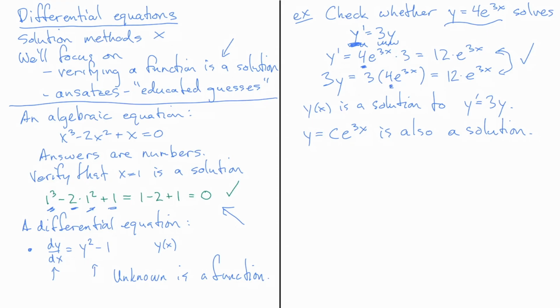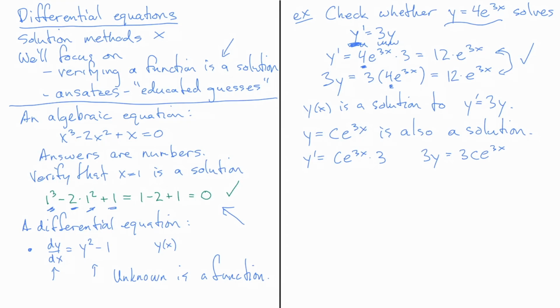And we can plug that in and check. If you take y prime, we get, again, there's going to be a chain rule in there, and we get ce to the 3x multiplied by 3. And then if we just multiply y by 3, we get 3 times ce to the 3x.